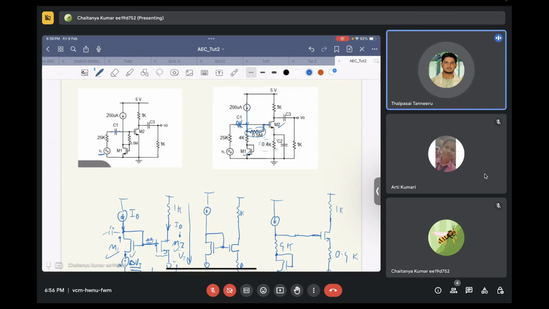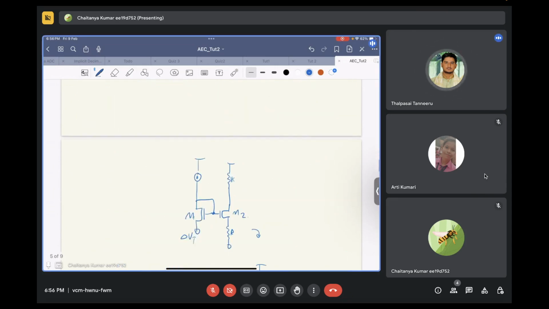Yes, sir. Perfect. However, here, since there is no degeneration, any mismatch between M1 and M2 will have a more severe impact on the current of transistor M2. Understood? Now you will ask why this 4 kilo ohm resistor is required.